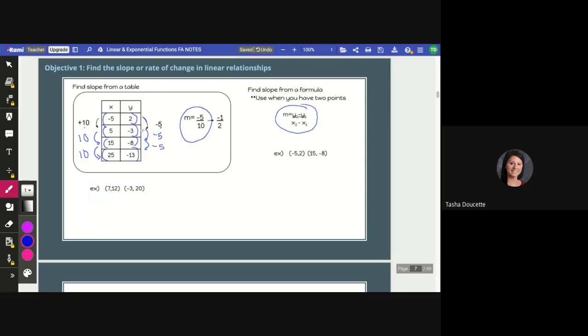And when you go from -3 to -8, you're getting -5. So you're finding that the rate of change, which is right here in your y, is -5. And your rate of change in your x, which is what we did here, is 10. So when you see that, you can take your y over your 10 to find your slope, which is -1/2.